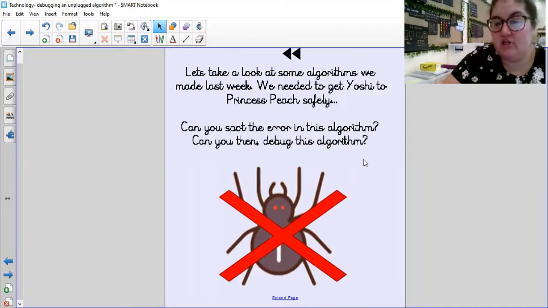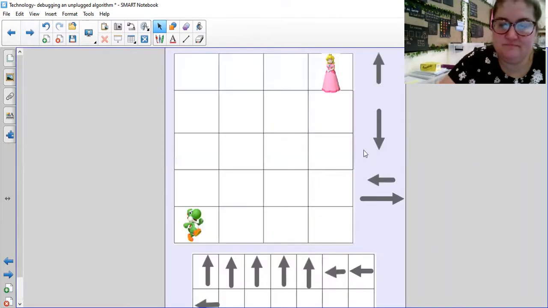We needed to get Yoshi to Princess Peach safely, okay? And I want you to look, and your first job is, can you spot the error in the algorithm? Can you spot where Miss Winfield went wrong, okay? And then we are going to debug it. We are going to fix it. So let's have a look at this one.